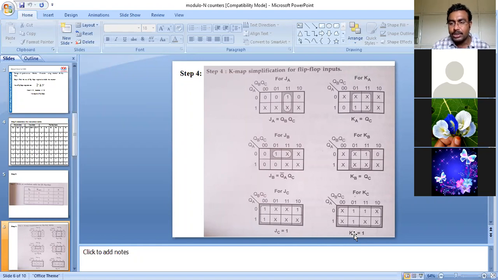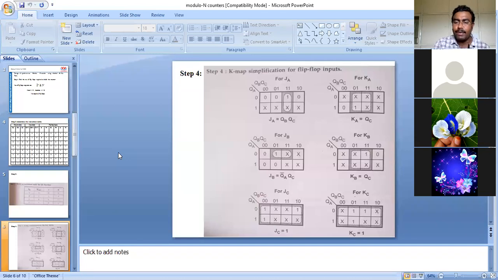Students, one of the most important things to remember in modulo n counter design is that the last flip-flop inputs JC, KC should always be kept high. If you're designing a modulo 10 counter also, in 99% of cases the last flip-flop inputs JD, KD should always be 1. So you map the entire K-map to get the value 1. Like that, you get the values for JA, KA, JB, KB, and JC, KC after simplifying.